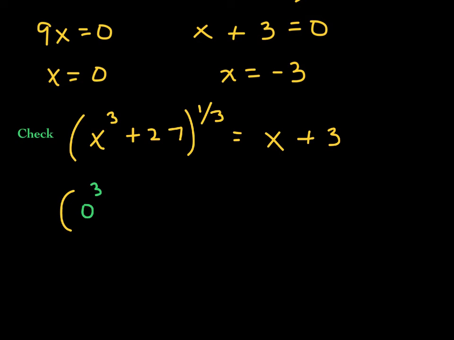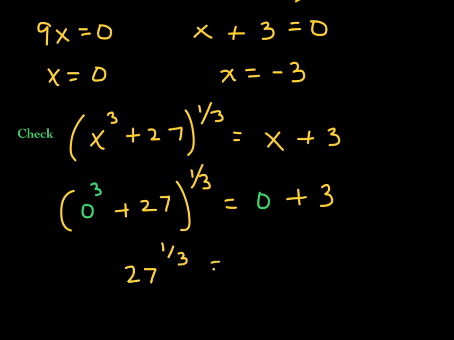And then plus 27, that raised to the 1/3 power, is supposedly equal to 0 plus 3. Okay? All right, let's do it. Now 0 cubed is 0. 0 plus 27 is 27. So this is 27 raised to the 1/3 power, supposedly is 3.